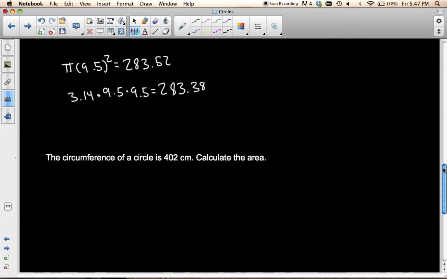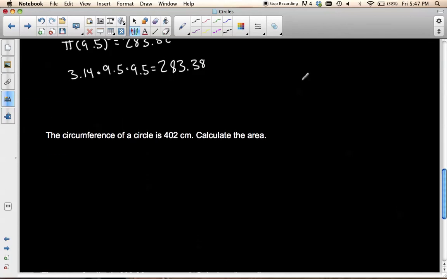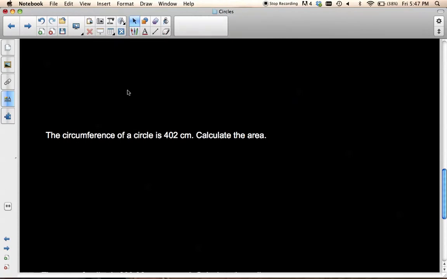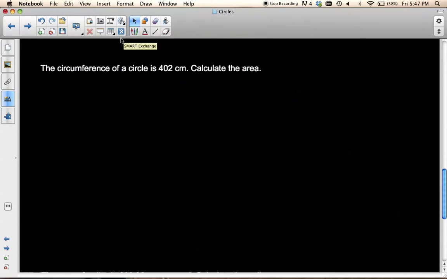Now what happens if we're given the circumference of a circle? So they ask us about the circumference. Okay, well, we have to work backwards. So we know that the circumference of a circle can be either 2 pi r, or pi times the diameter.